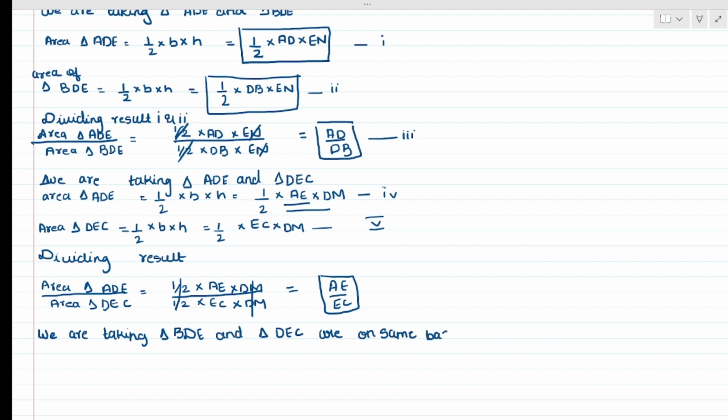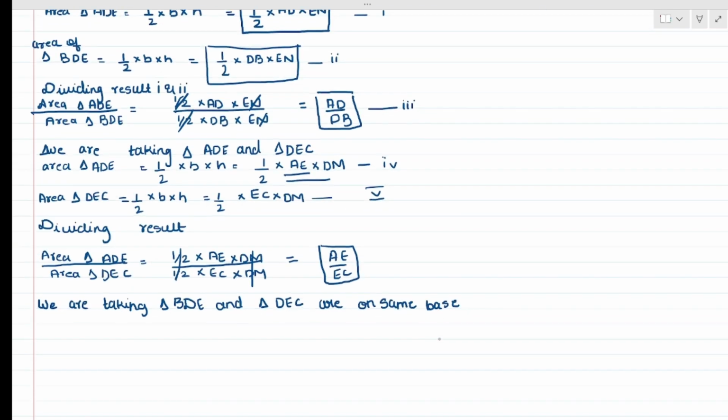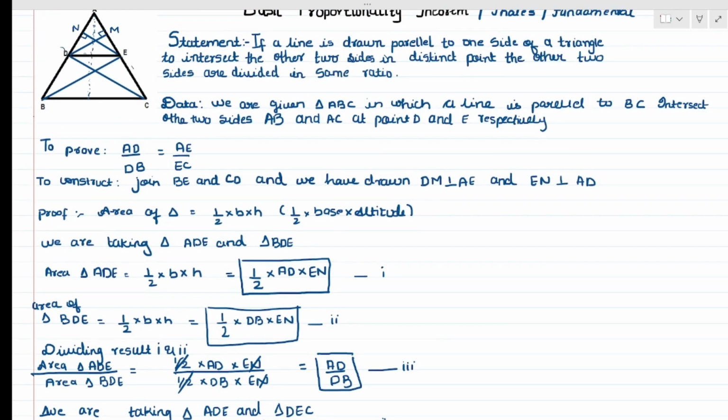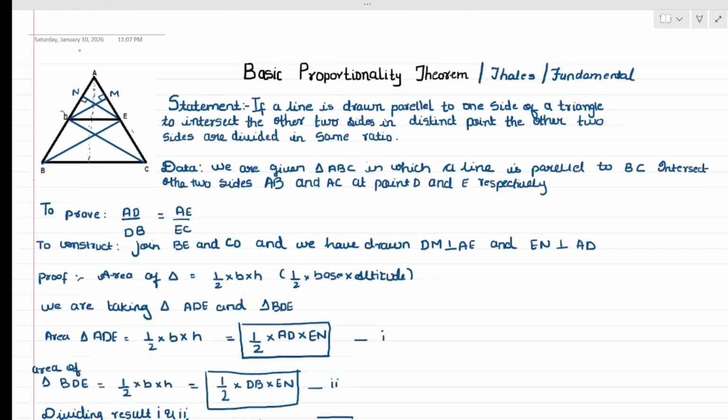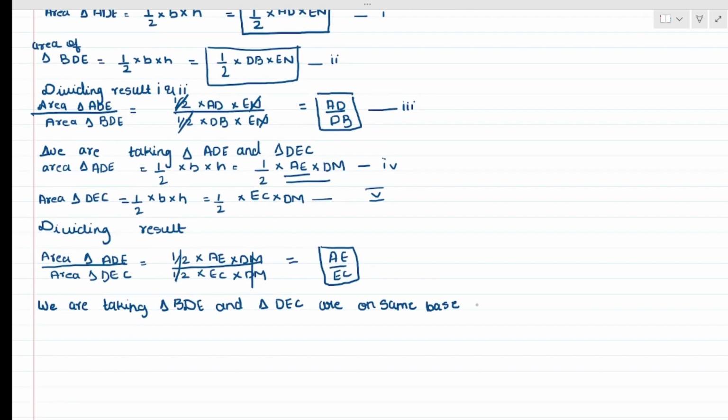What is their same base name? Their same base is DE. So right over here, they are on the same base DE. Therefore, area of triangle BDE will be equal to area of triangle DEC. This will be our result number 6, final result.